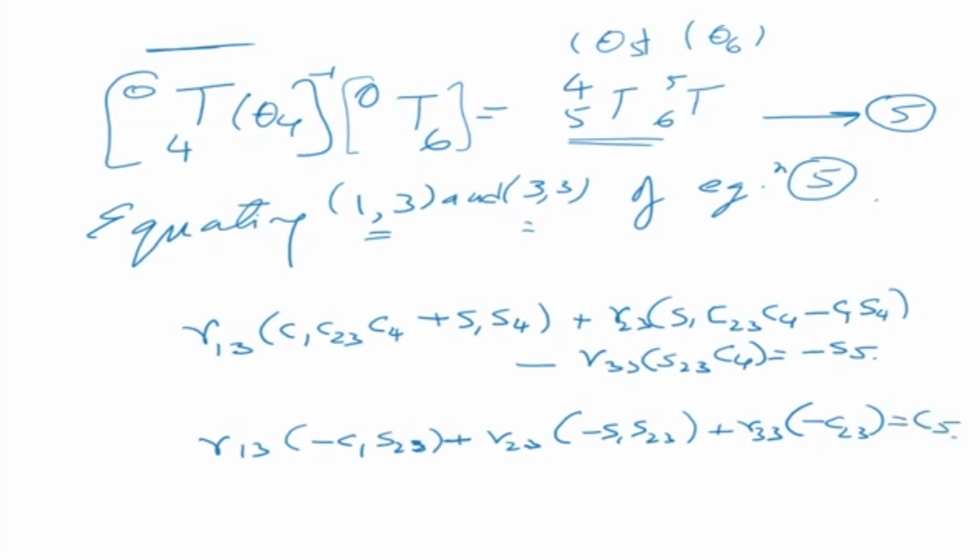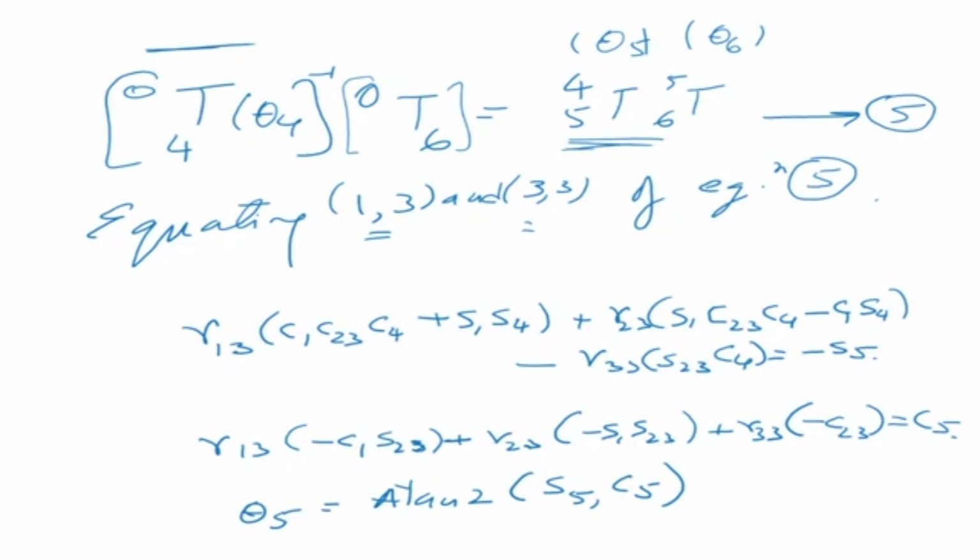Okay, and from here we can solve theta 5 as theta 5 is equal to a tan 2 of sine 5, cos 5. Okay, this is our solution for theta 5. Now in this equation we also know theta 5, so we bring theta 5 also to the left hand side.